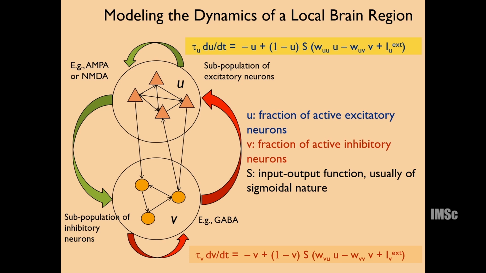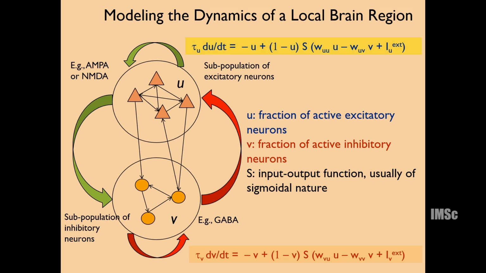So this is the effective excitation that this population is receiving. Any individual neuron in this population would be more likely to be excited the bigger this is. But when it is very low, it's not very likely to be excited.